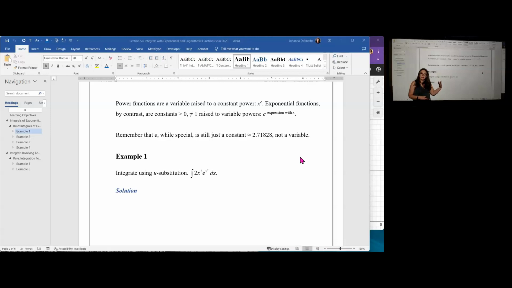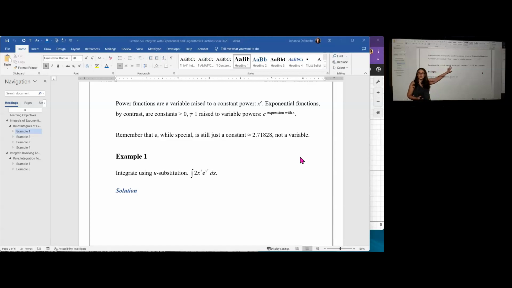When you have an exponential function, the locations are reversed. An exponential function is a constant raised to a variable power. Very different functions, different operations. Don't mistake one for the other.